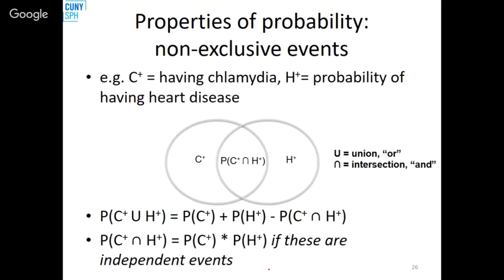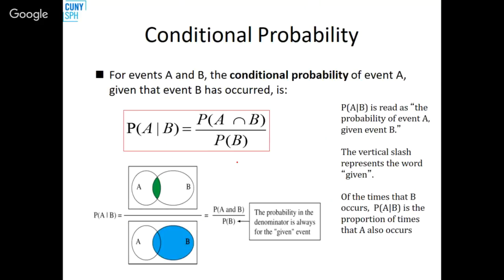So if you have a 10% prevalence of heart disease and a 10% prevalence of chlamydia, and they are totally independent of each other, then your probability of having both is 0.1 times 0.1, which would be 1%. Okay.